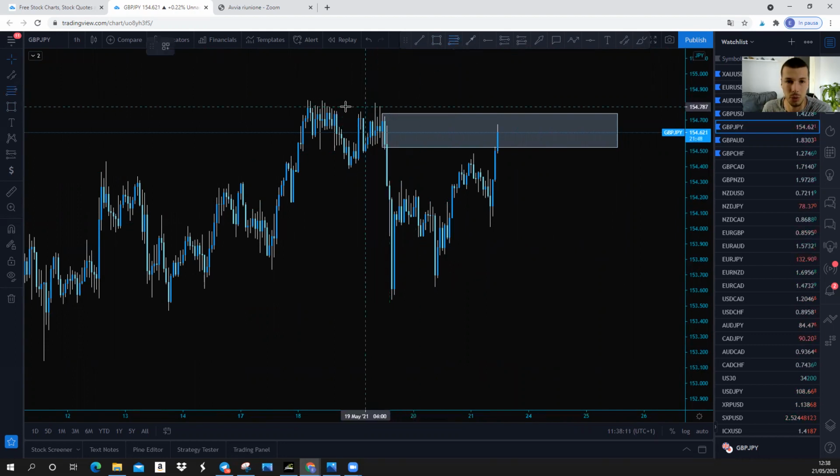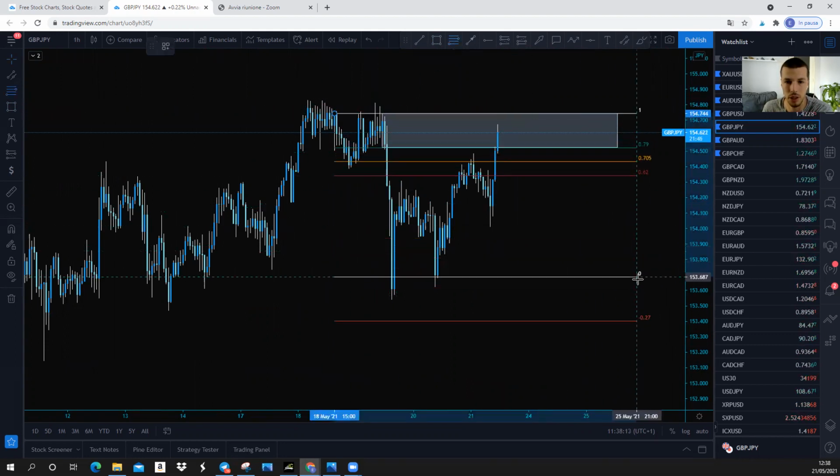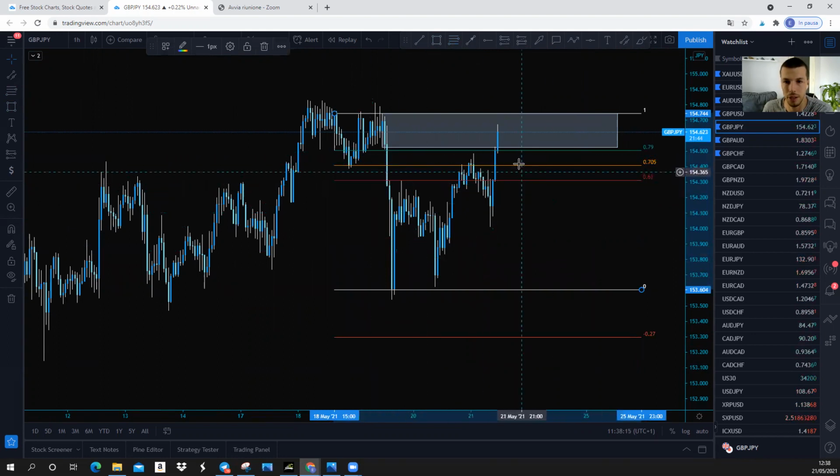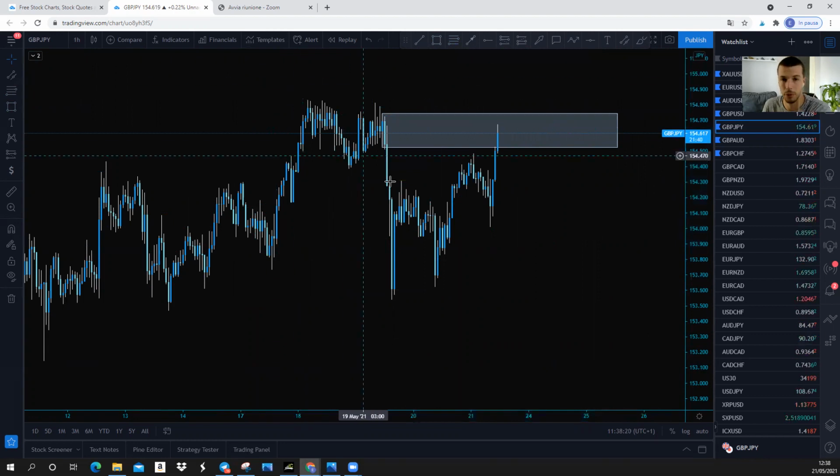Now, in other cases, we do have Fib confluence where the supply or demand corresponds to our Fibonacci's, and that's even better for me. Now, this doesn't mean that you need to use Fibonacci's. I don't even use them 100% of the times. Like in this case, I would consider GBP JPY sells, even if we don't have Fibonacci confluence, all right?